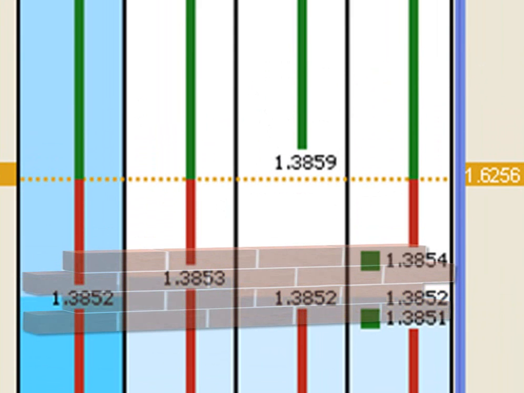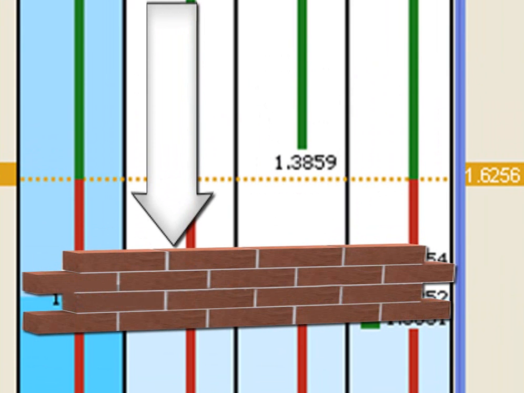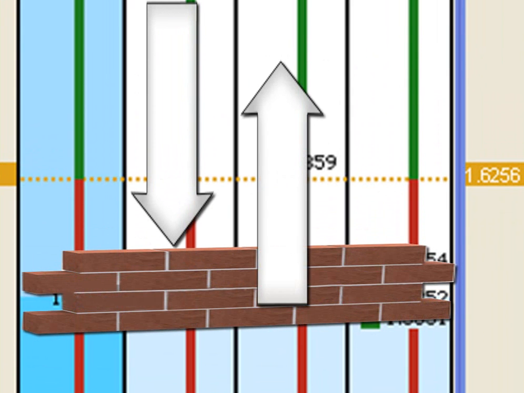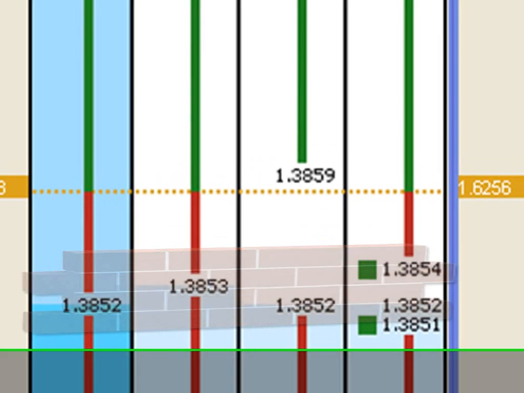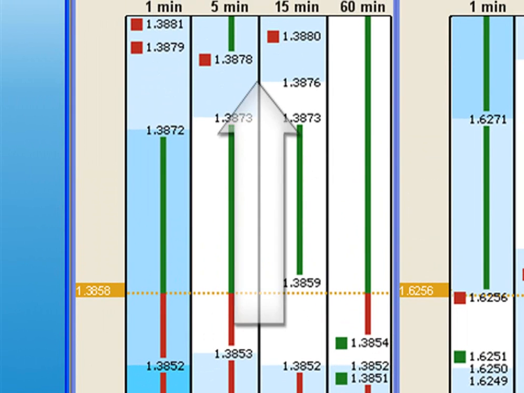And if you think of this like a brick wall, you're playing squash in a squash court, where the harder you hit the ball against that wall, it's going to come back to you with the same vigor. And what you can expect to happen 9 times out of 10 is that wall will hold on the first test or the second test in any market, and will then lead to a bounce back up in the direction from which it's hit the wall.